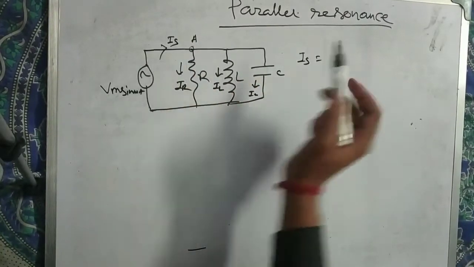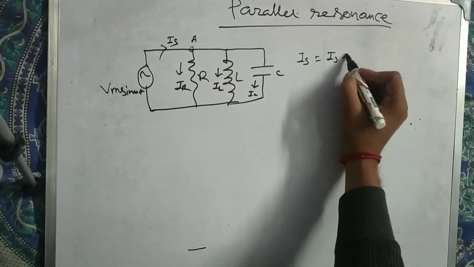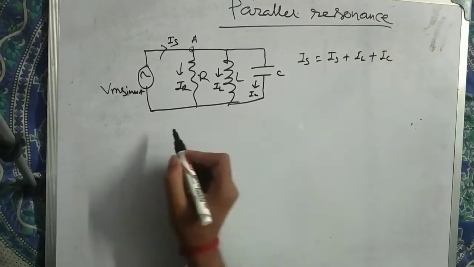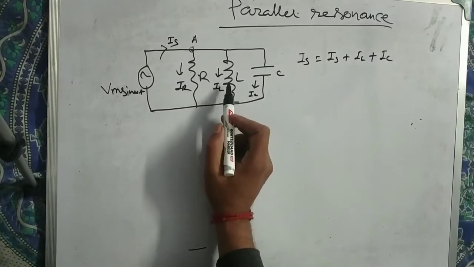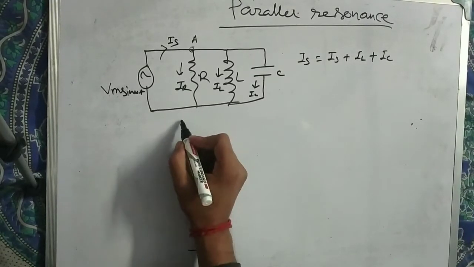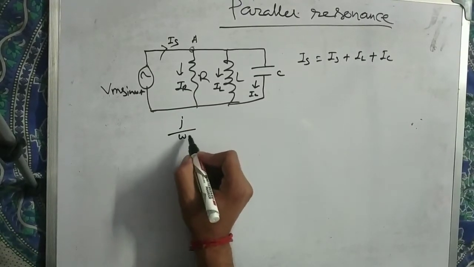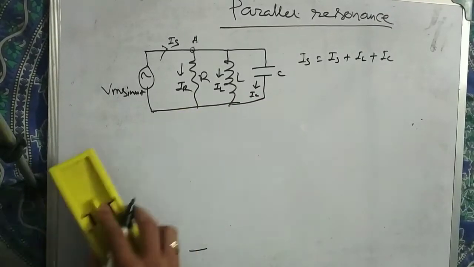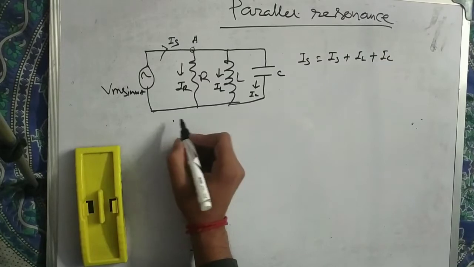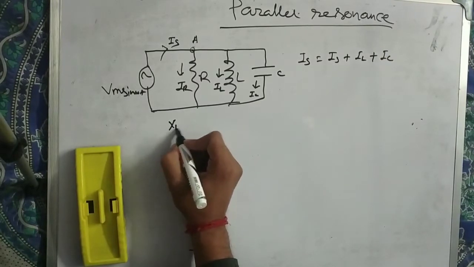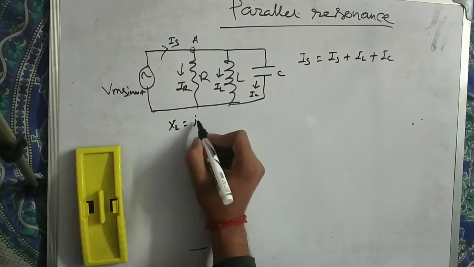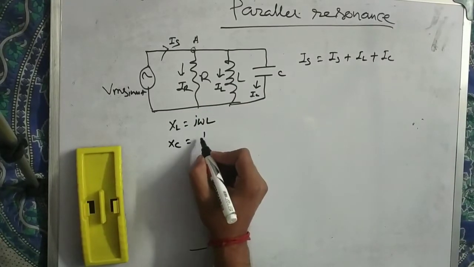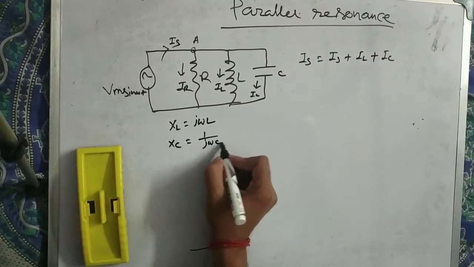So Is equal to IR plus IL plus IC, and the inductive reactance is j omega L, and capacitive reactance is 1 by j omega C.